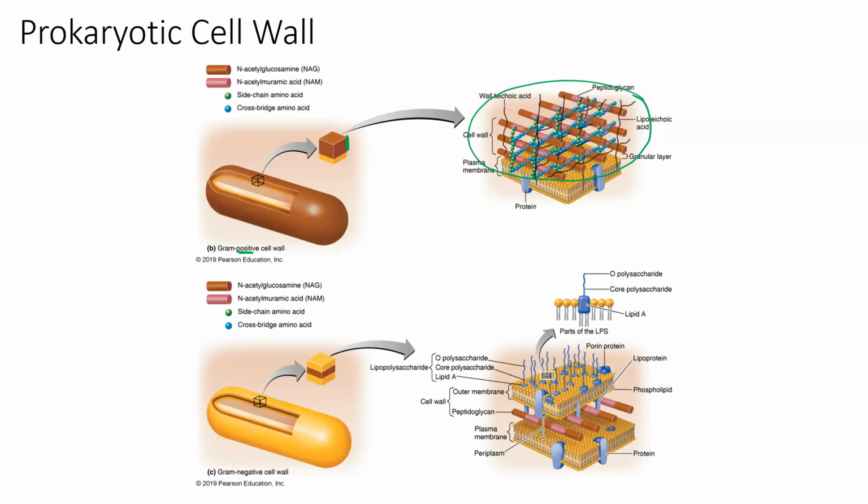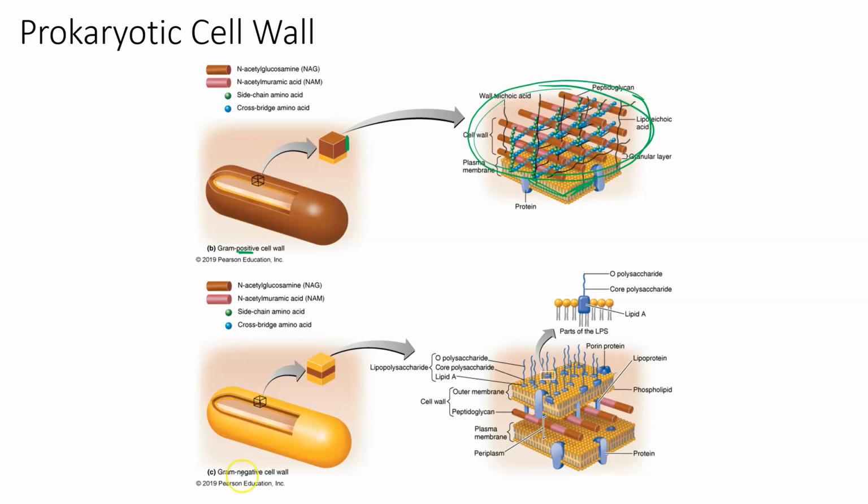The gram-positive cell wall is actually on the far exterior, the absolute exterior of this particular cell membrane. Cell membrane down here, cell wall is on the exterior of that cell membrane.